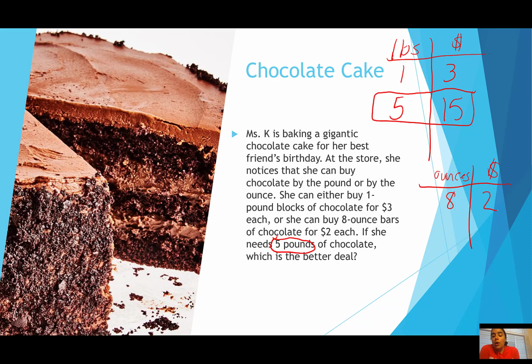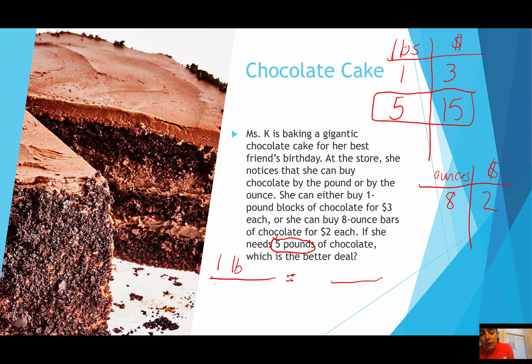Okay, but I don't know how many ounces are going to equal 5 pounds, so I need to do that. I'm going to set up 2 equivalent fractions like I've always done. So I'm going to go 1 pound is equal to how many ounces?